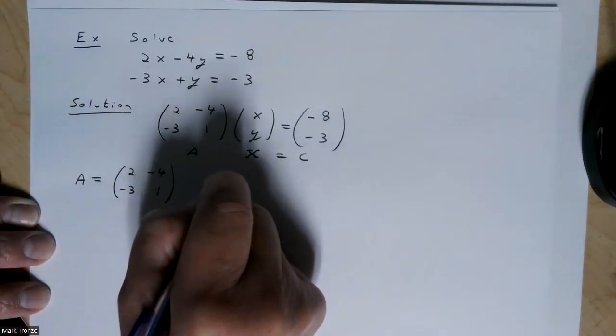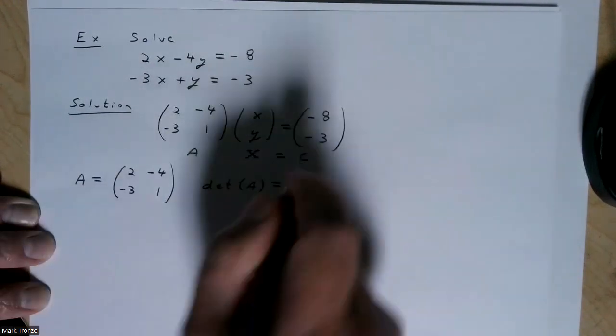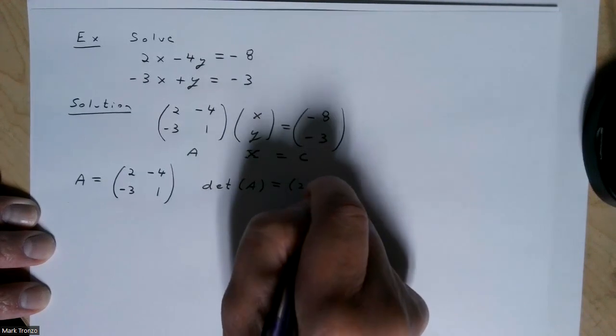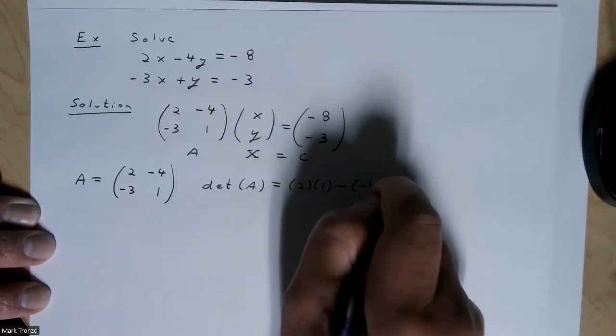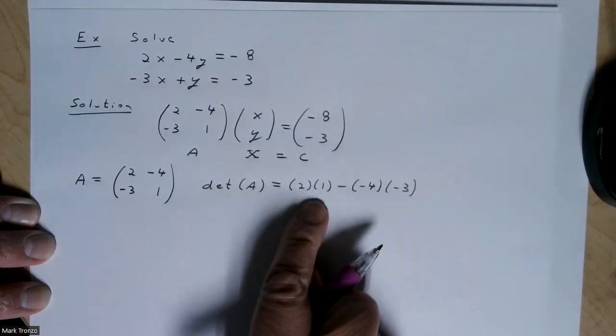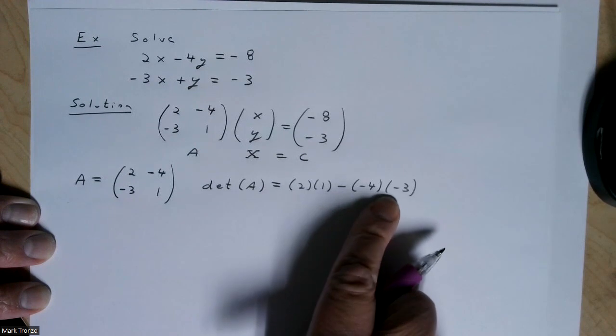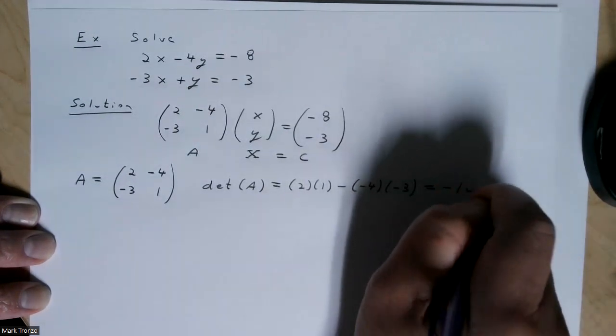And then the determinant of A: upper left, lower right, minus upper right, lower left. And this is 2 minus 12, which is minus 10.